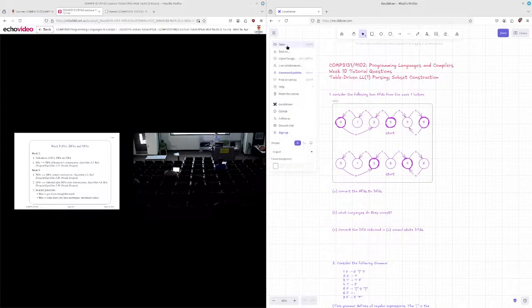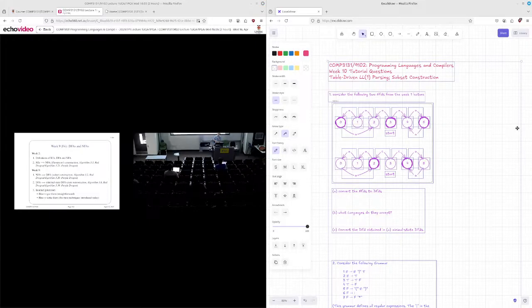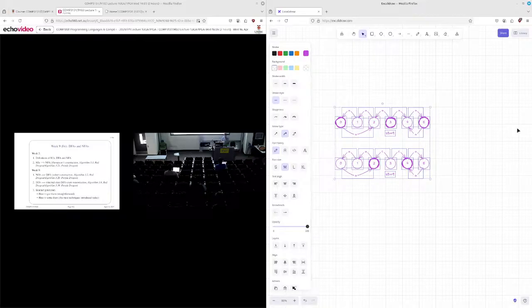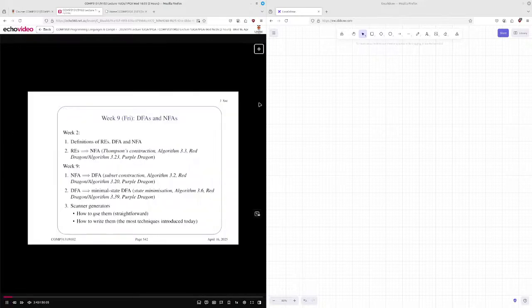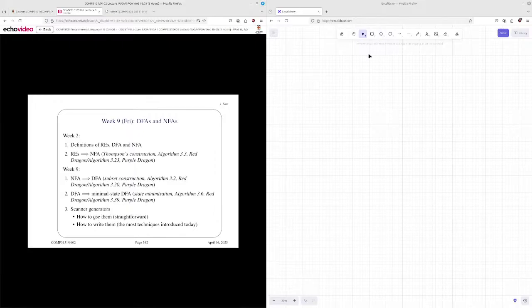Remember, each of you wrote a scanner by hand, manually. In reality, that's for learning purposes. Typically, in your first year compiler course, students are normally asked to write a scanner by hand. You're going to see the reason why.